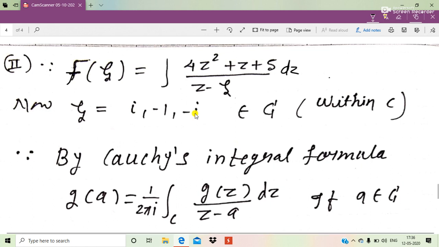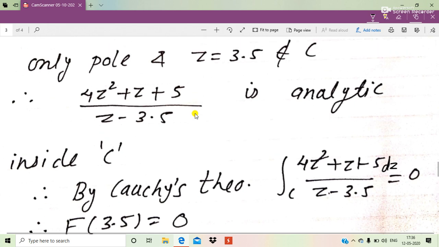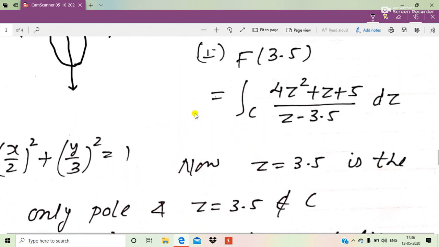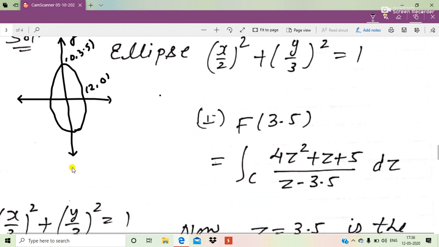We can see that all 3 points, i, minus 1 and minus i, belong to the curve C. All the points are inside the curve C.